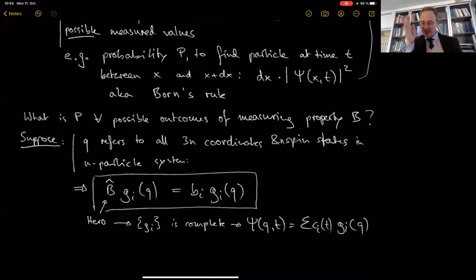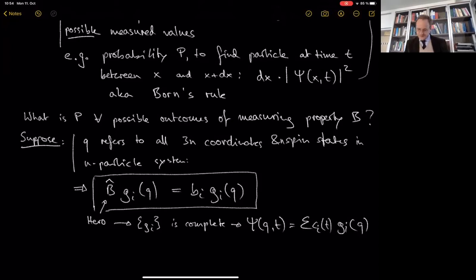It's this one measurement at this point in time, you will get a linear combination in your eigenfunctions g_i of q, and then at the next moment in time, you will get a new linear combination. So these are time-dependent coefficients.